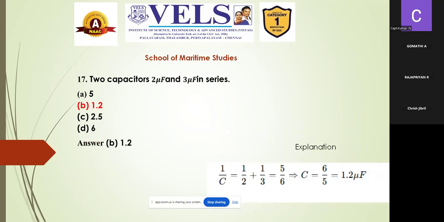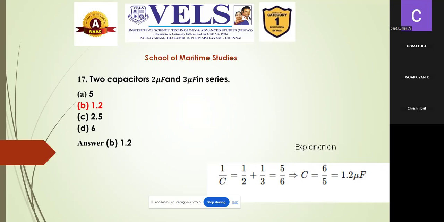Now next question is, two capacitors, 2 microfarad and 3 microfarad, are connected in series. We need to find out the equivalent capacitance. These two capacitors are connected in series connection.